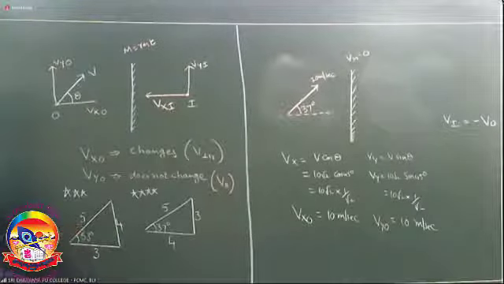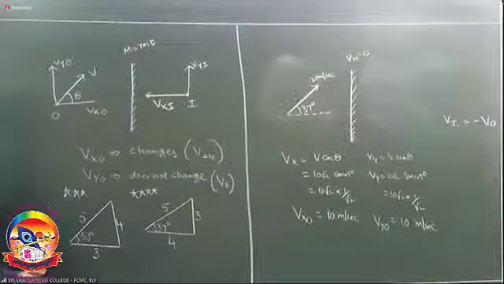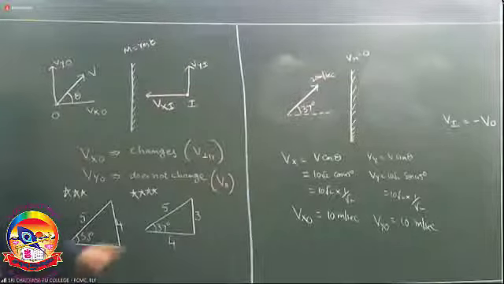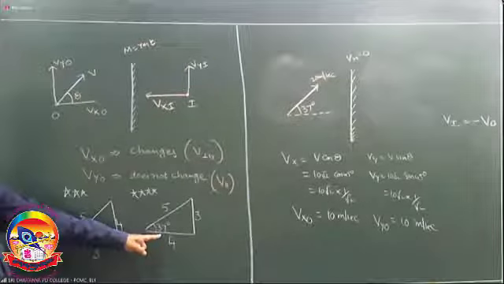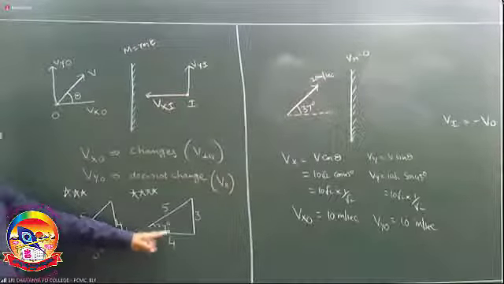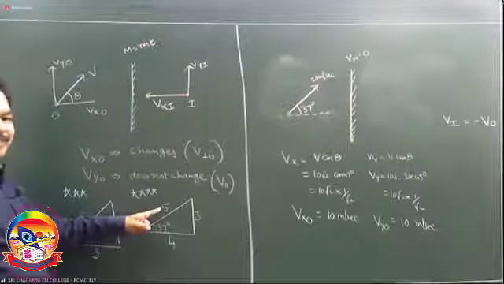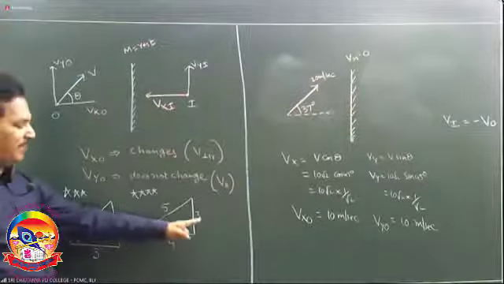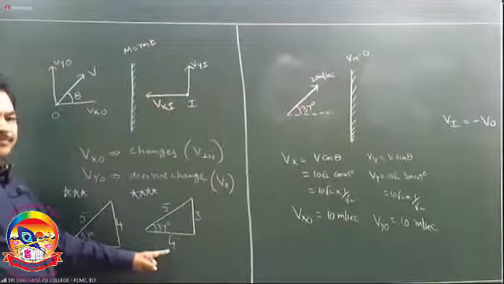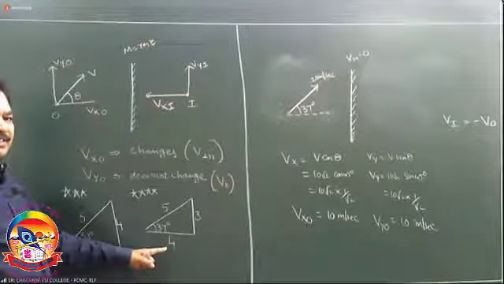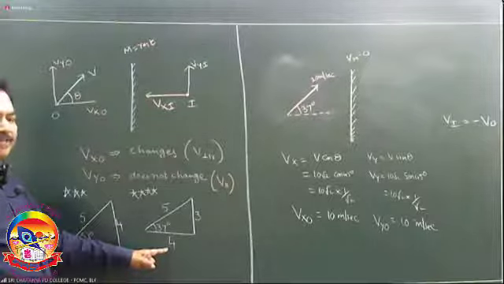From this I can write sine 37, cos 37, tan 37. Sine 37 is 3 by 5, cos 37 is 4 by 5, tan 37 is 3 by 4. In many chapters this concept is useful.